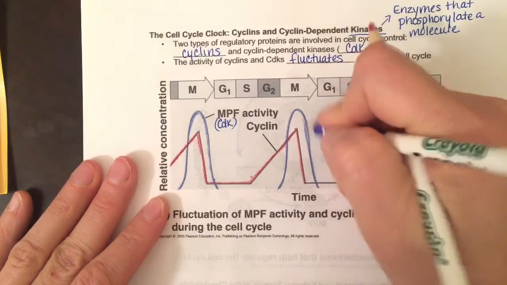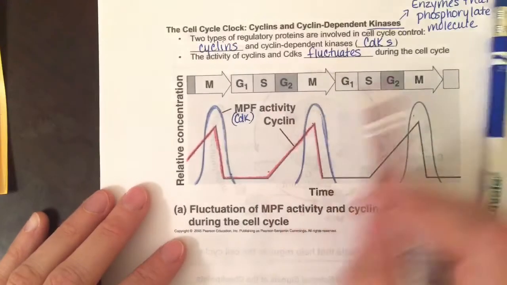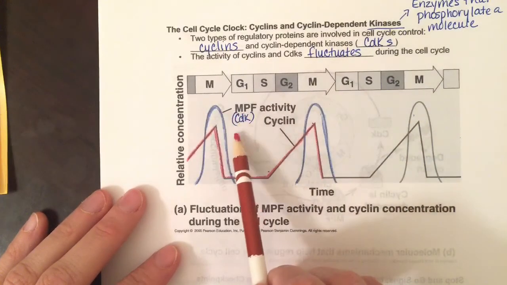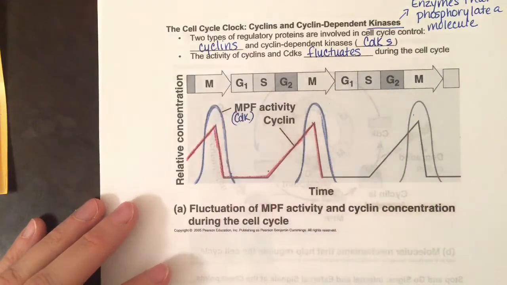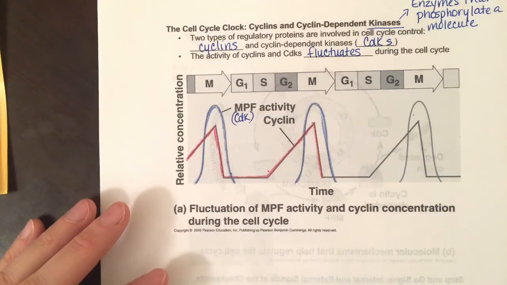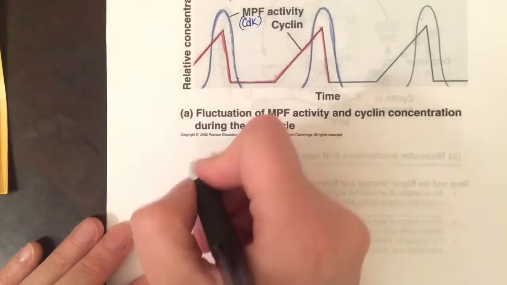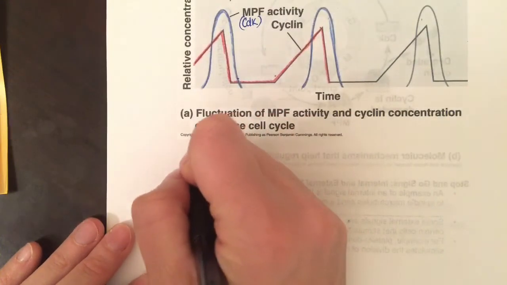And does this make sense? Let's think about this. MPF is a cyclin-dependent kinase. What that means is it needs cyclin to be active. It's dependent on cyclin. So let's write down a few things here.